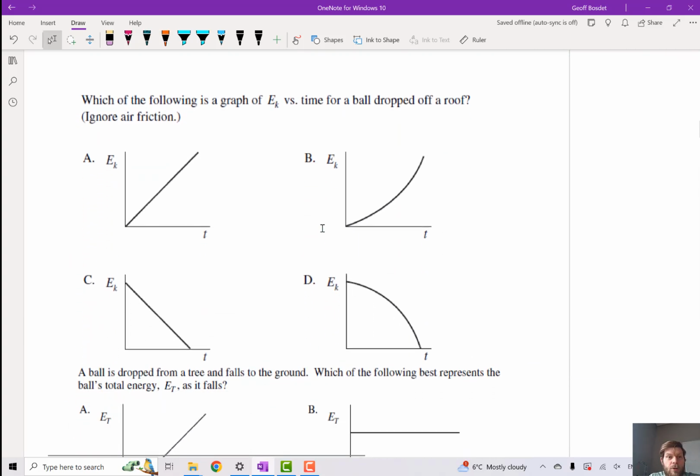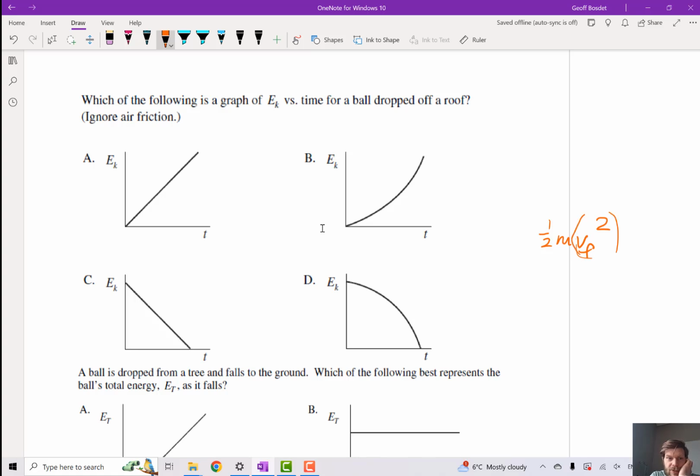Next guy, we want to do a graph of EK versus time for a ball dropped off a roof. Now its velocity is going to look like this. So every second it's getting 9.8 meters per second faster than it was the previous second. So you've got a constantly increasing velocity with time, but our formula is 1/2 mv_f squared.